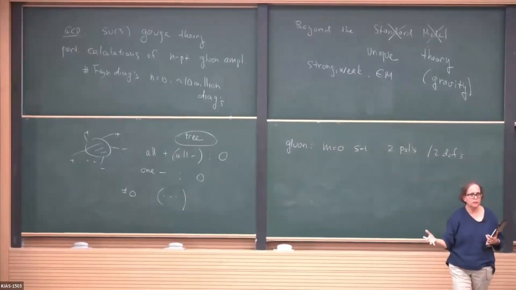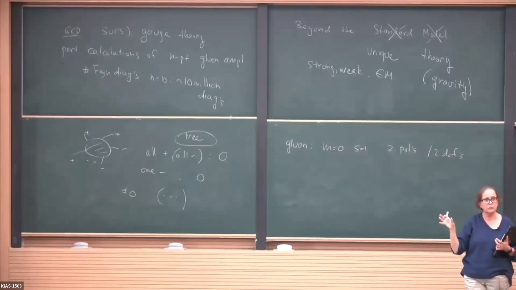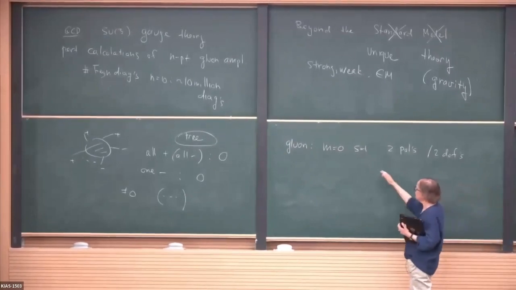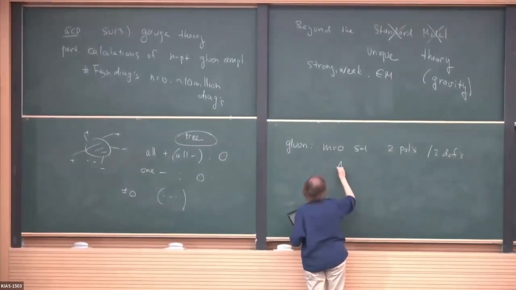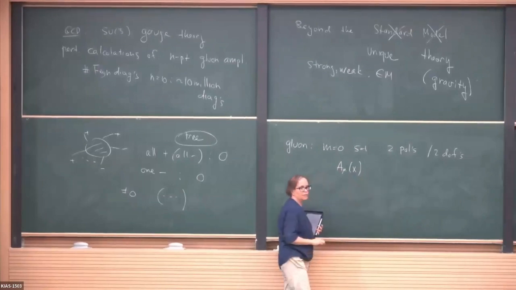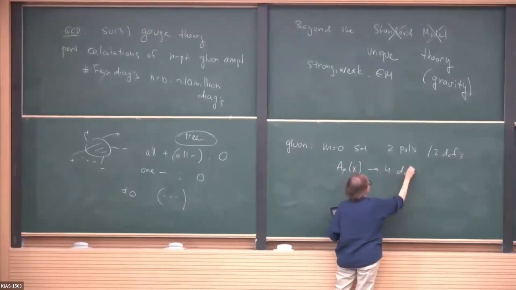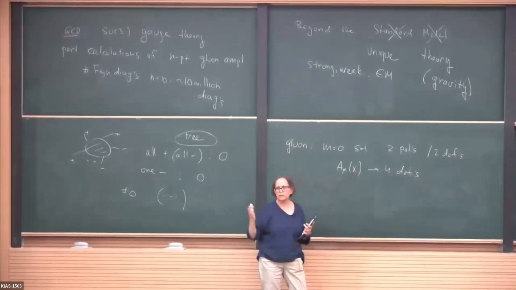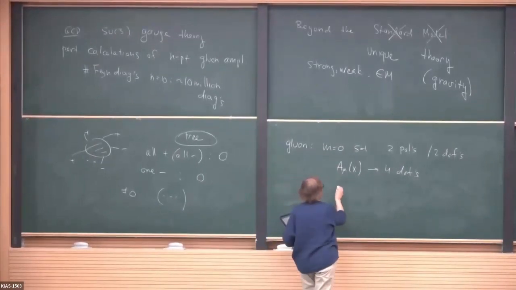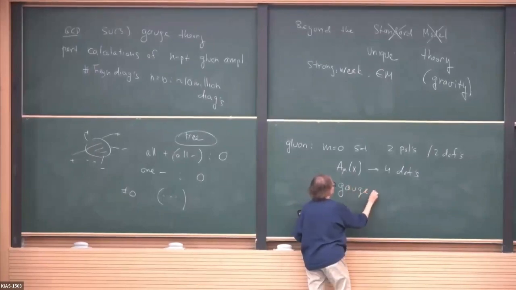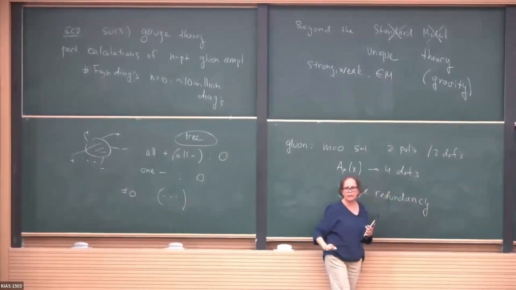But because we want our Lagrangian to be manifestly Lorentz invariant, we need to package this into some Lorentz representation, and the only thing we can use is the 4 vector, right? So here in this vector field we have 4 degrees of freedom, and so there is a lot of gauge redundancy in this way of doing things.